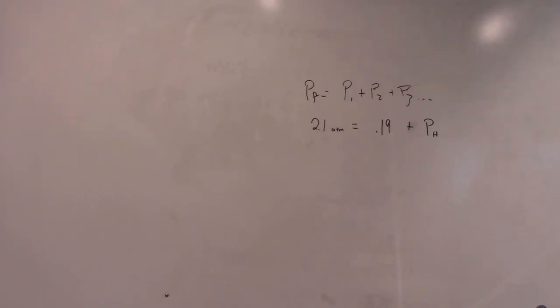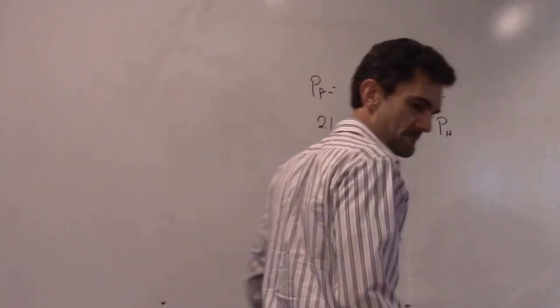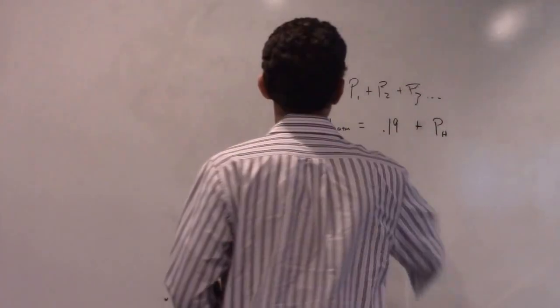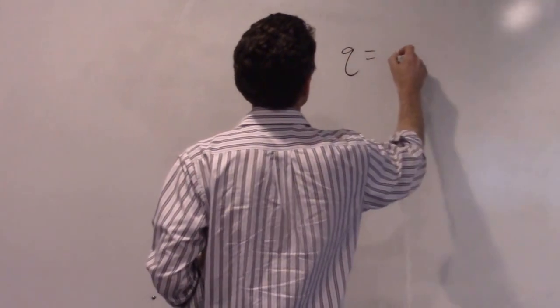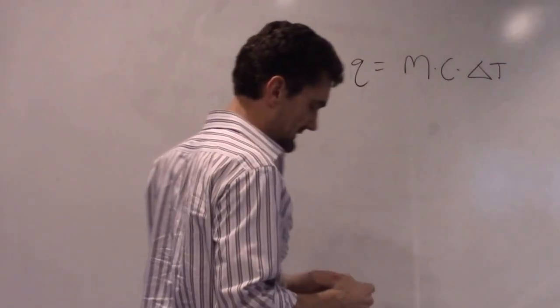So energy is equal to the mass times the specific heat times the change in temperature. Can you write that down? Thank you. Delta T.